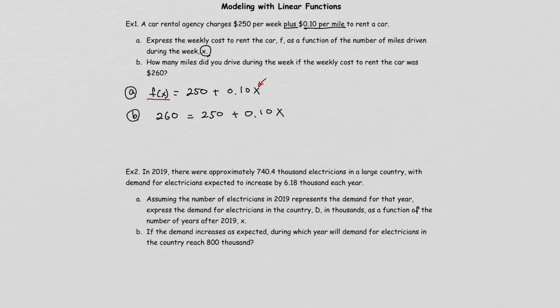First, we subtract 250 from both sides, which gives you 10, and then divide that by 0.1. So your x value should be equal to 100. So this is going to be 100 miles. After driving 100 miles, the cost will be $260.